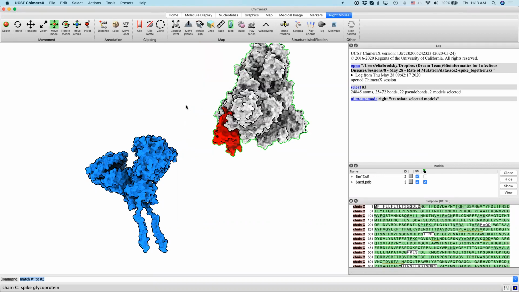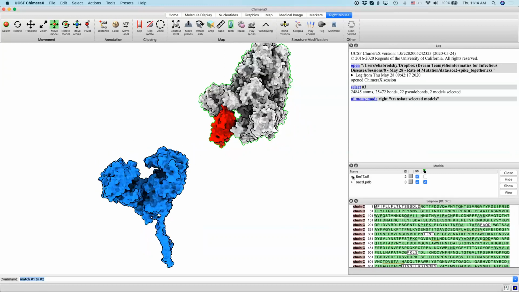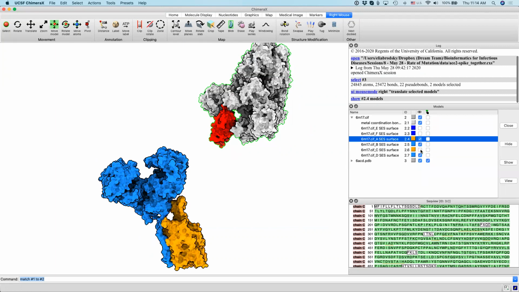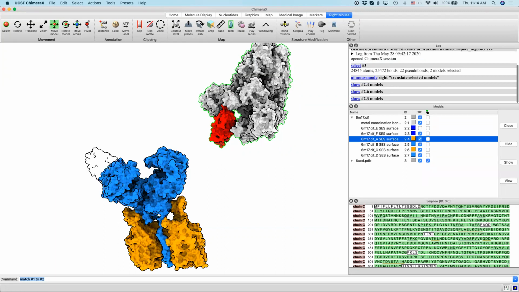In the spike protein, there are three chains with the receptor binding domain, and only one will bind. So what are we using here in this example? This is the ACE2 protein, but this model also has the B0AT1, which are these two orange parts, and it also has this receptor binding domain portion.